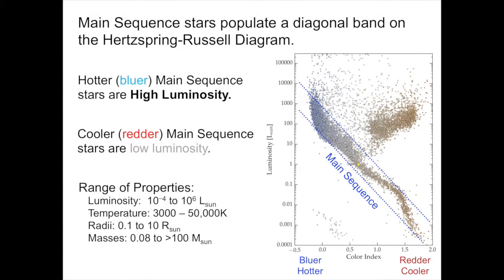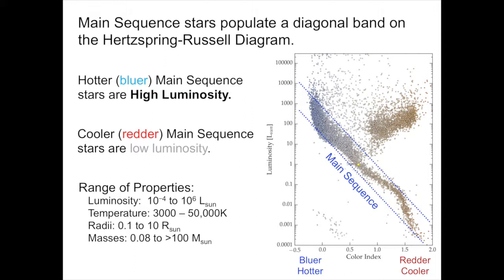The range of properties of main sequence stars, to remind you, is nearly a factor of 10 billion in solar luminosity, from about 1/10,000th of the luminosity of the Sun to as much as 1,000,000 times the luminosity of the Sun in the extremely rare high-mass stars. The temperatures along the sequence run from 3,000 degrees Kelvin at the red end to more than 50,000 degrees Kelvin at the blue end.